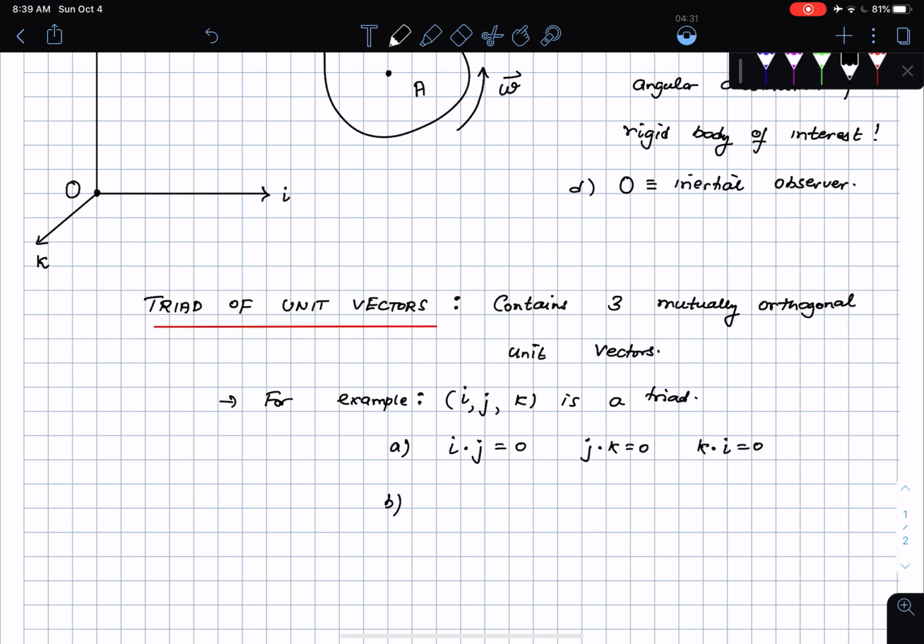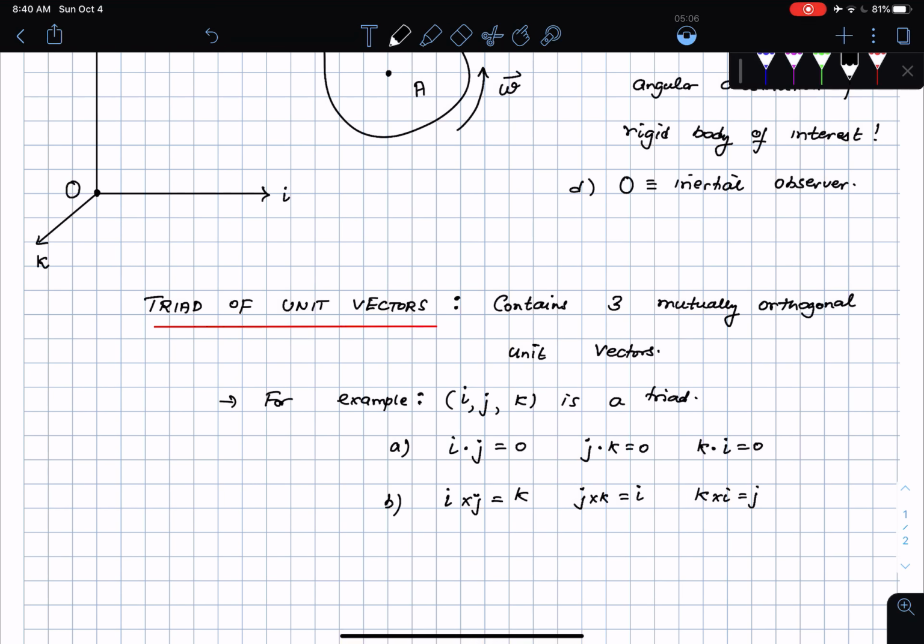And then if I also do the following, i cross j is equal to k, then j cross k is equal to i, I'm sorry, so I got to change this. And then k cross i is equal to j. This is the last one, which has to be true in the triad.